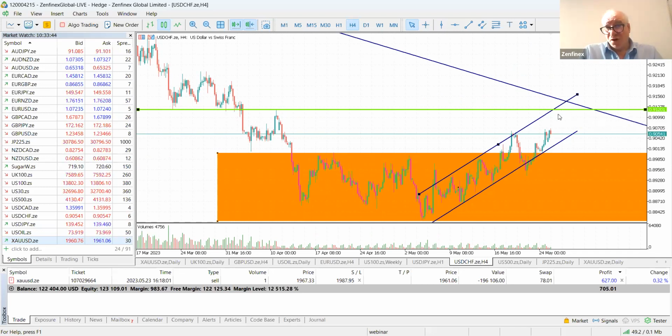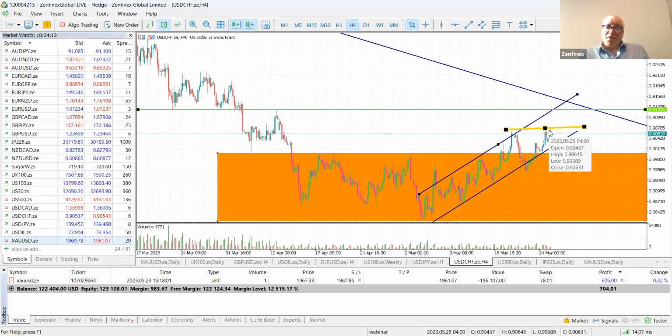So there's a chance that if we break the top of this, anybody's interested in trading this, oops, breaks the top. Okay, I need to use the right drawing tool. Breaks the top of here, then really there's a good level of resistance here, which you need to be careful of. And again, it could come and retest this. So you just need to be a little bit careful when you trade the Swissy anyway.